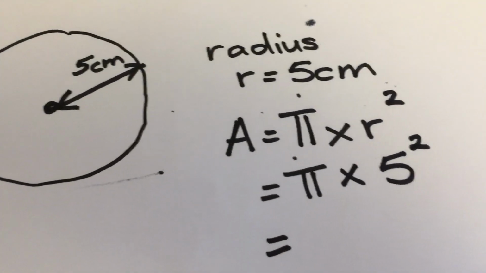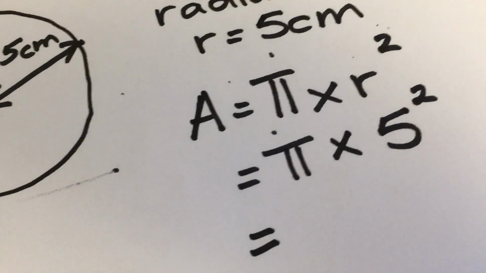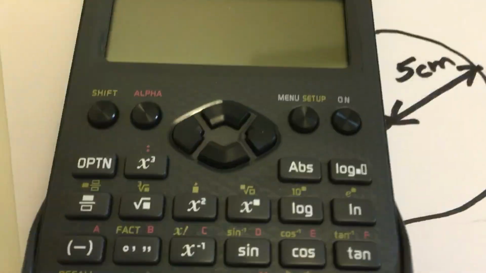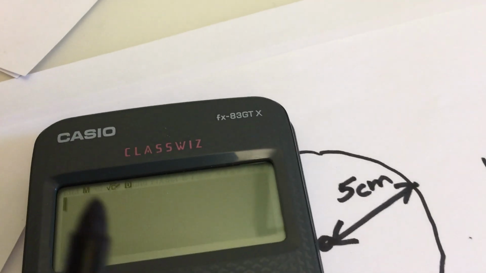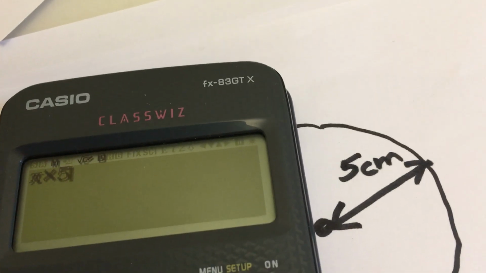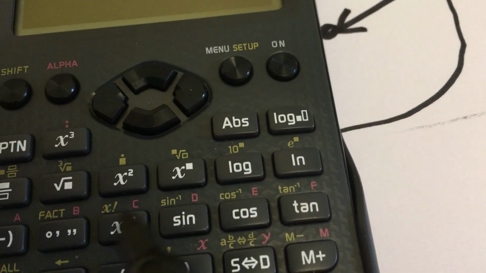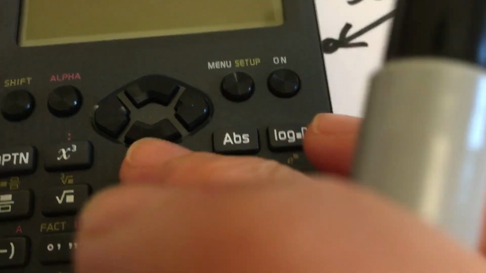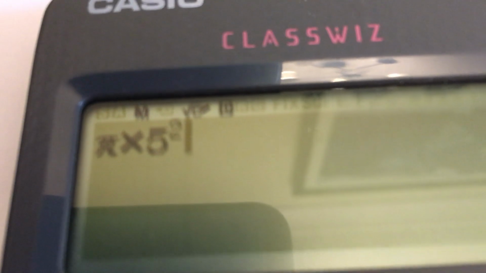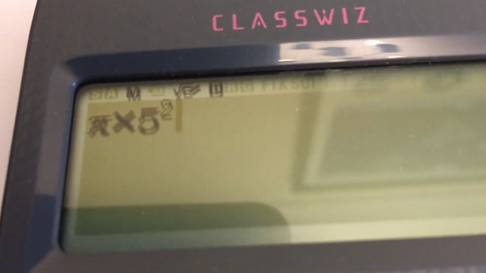And then when we work it out on the calculator, we put in pi times 5, and there's the x squared button just there. It looks exactly like I've written it there: pi times 5 squared.